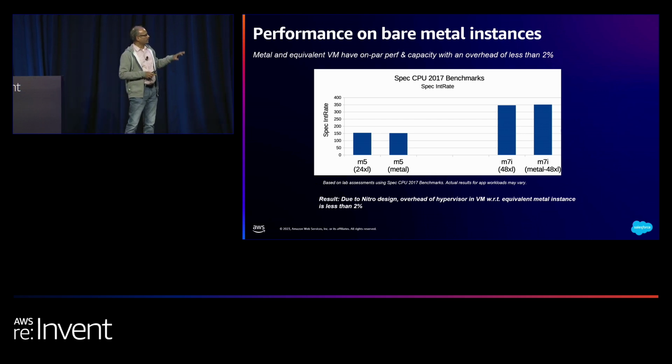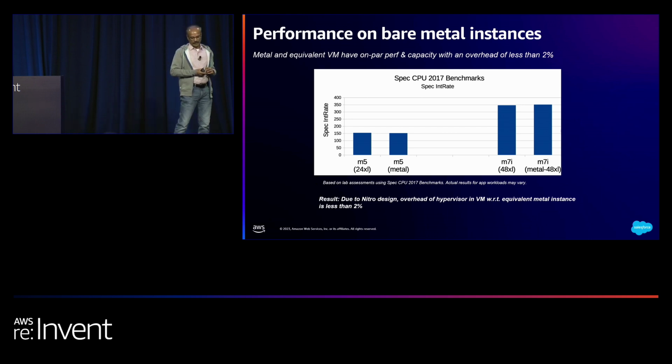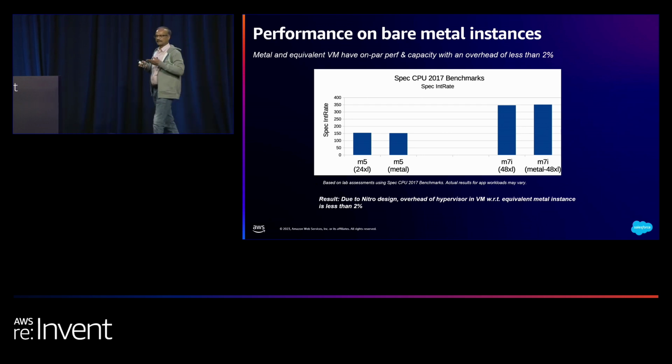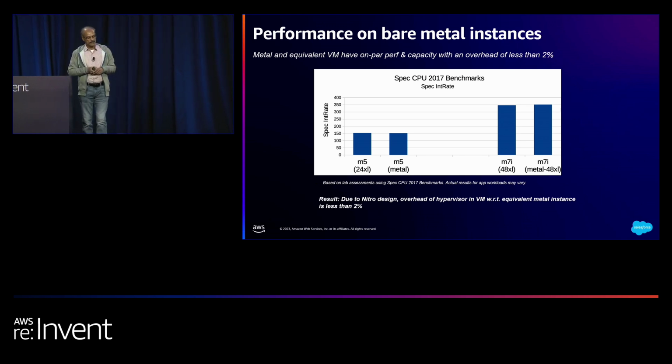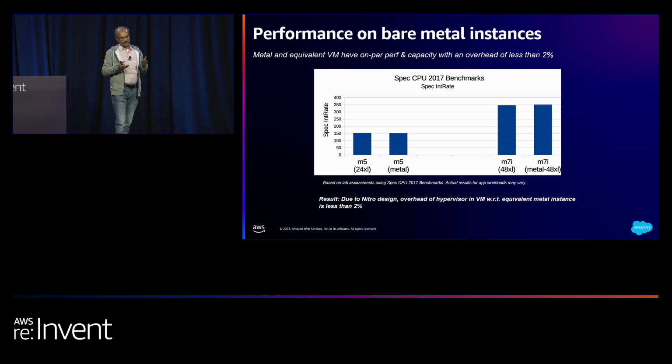So we ran a bunch of the industry-standard SPEC CPU 2017 test suite benchmarks. And what we found is that the M5.24XL and the equivalent M5.Metal had very similar performance characteristics, within 1.5 to 2%, which is well within the error margin. So it was on par, right?